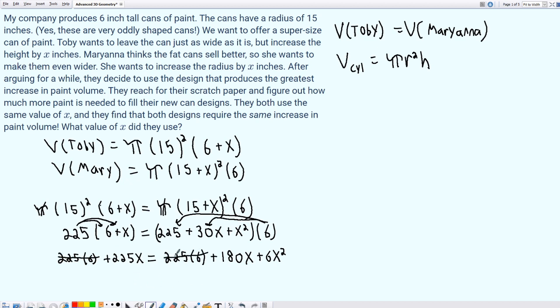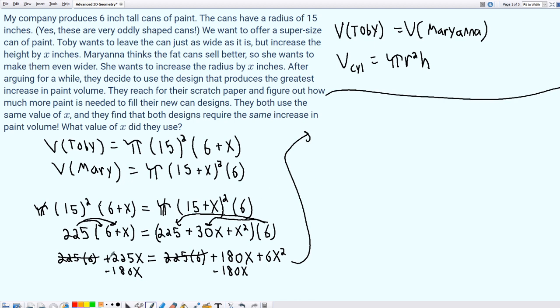Now, what can we do from here? Well, let's subtract 180x on both sides. I'm going to write our work over here now.